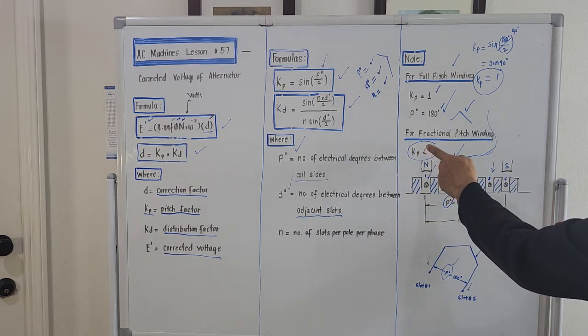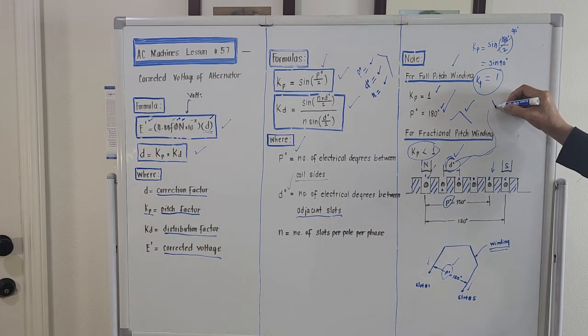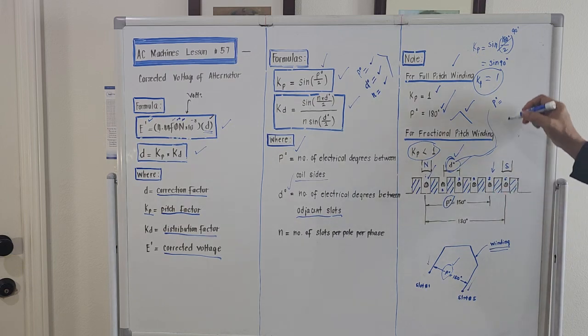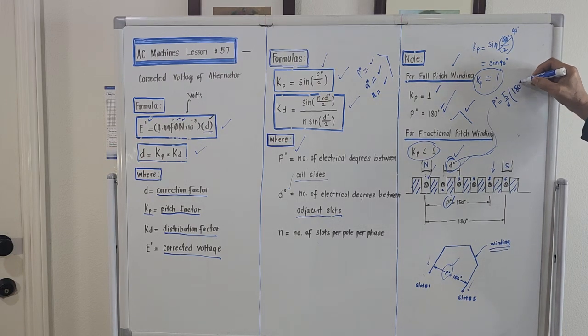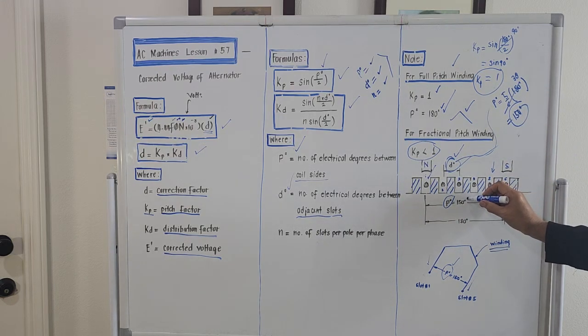But if the value of P is less than 180 degrees, supposing P degree only measures from slot number 1 to slot number 5, so it will be 5/6 times 180 degrees. 180 divided by 6 is 30, and 5 times 30 is 150 degrees. So an example of a fractional pitch winding is when P degree here is 150.